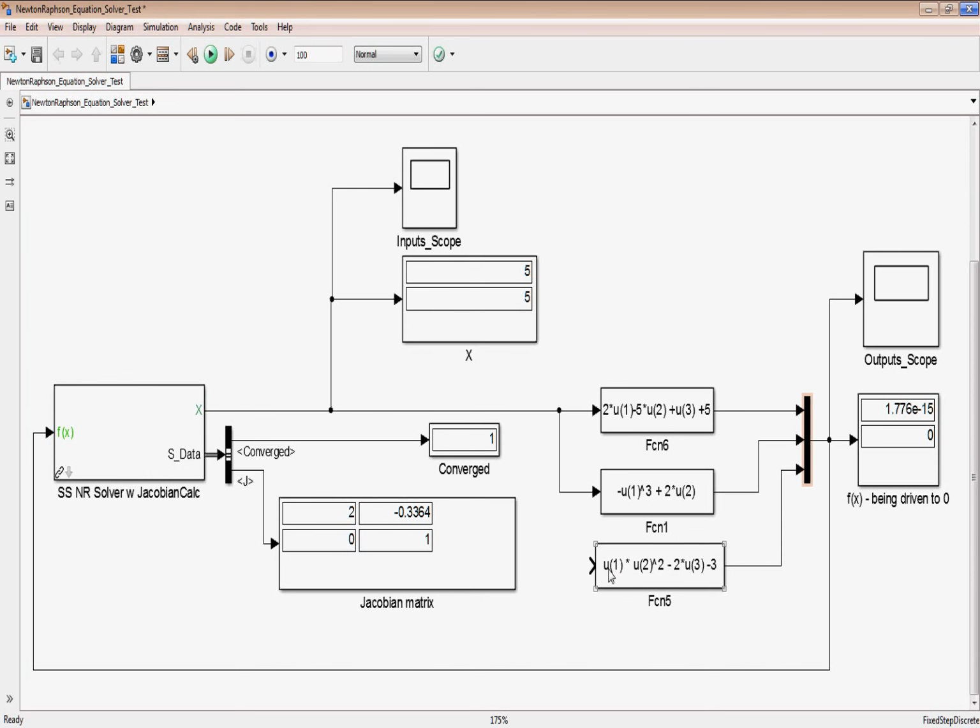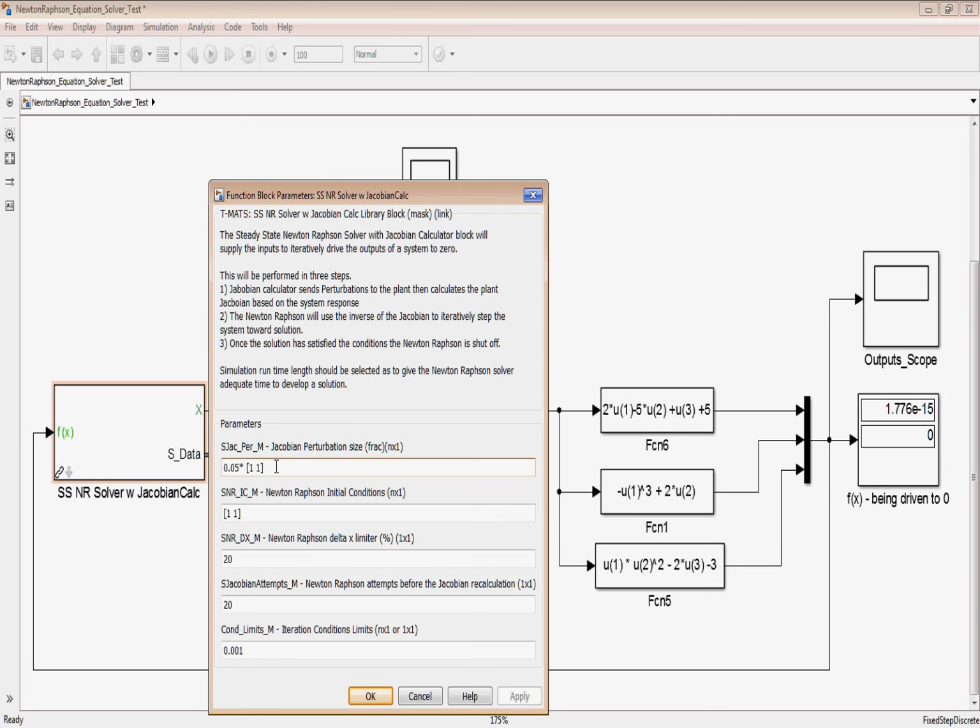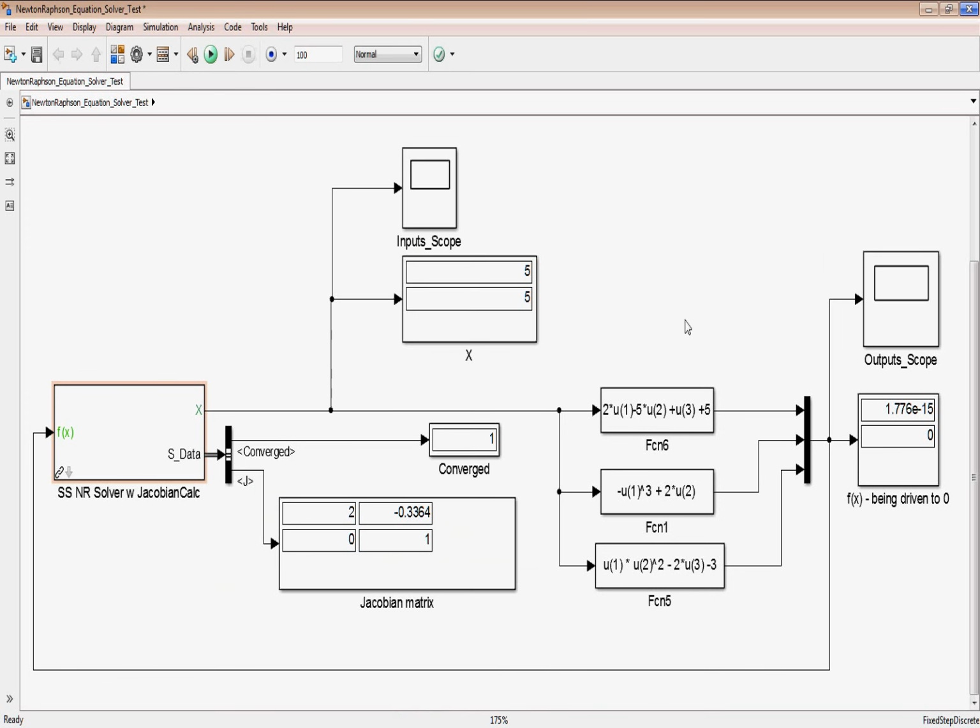The third one is u1 times u2 squared minus 2u3 minus 3. So we'll just kind of stick this guy in here, and we'll expand this to be one more. And we'll run this.